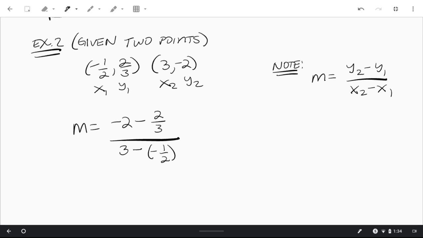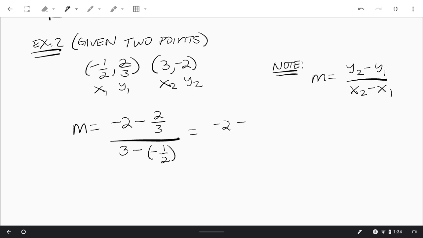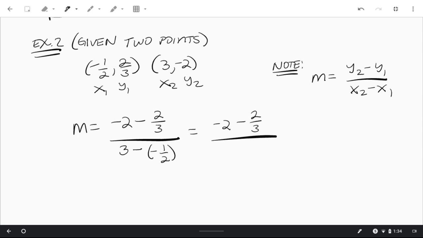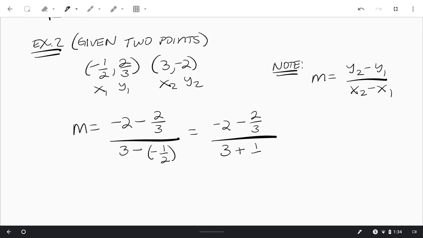So let me go ahead and take care of the double negative here in the denominator. So I get negative 2 minus 2/3 all over 3 plus 1/2.